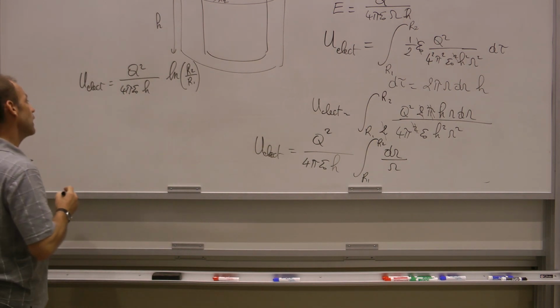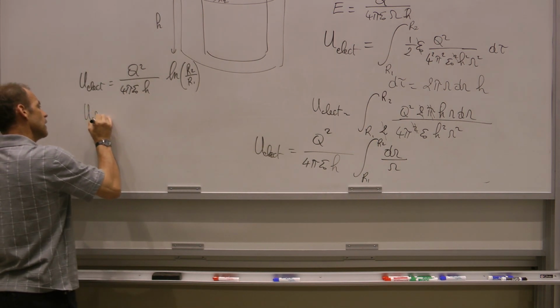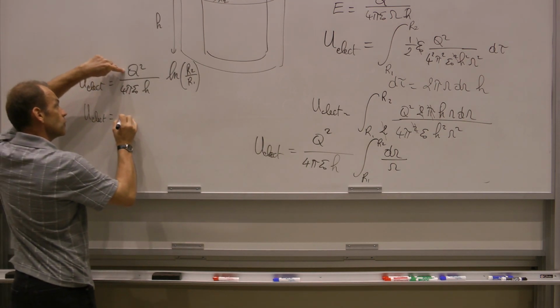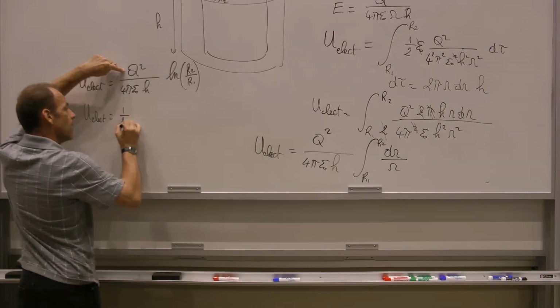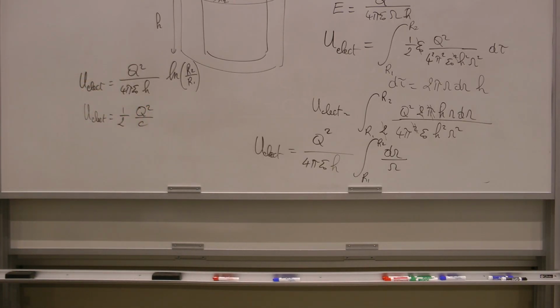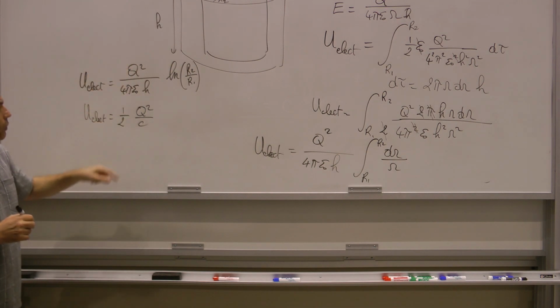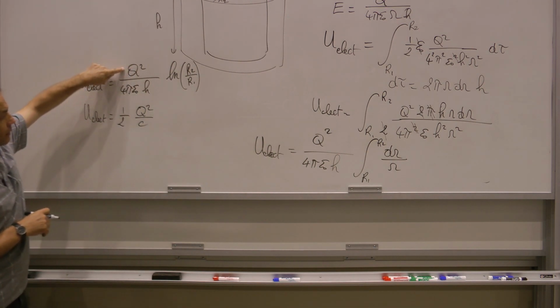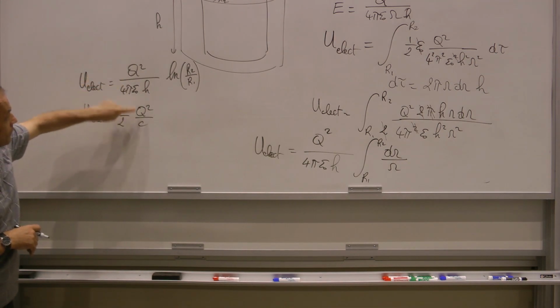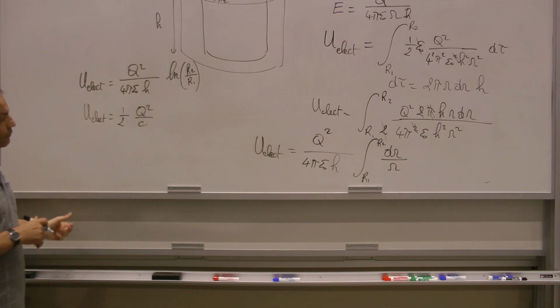And then we do an identification because we know that the U electric is equal to the expression as a function of Q, which is 1/2 of Q squared over C. And we identify term by term. So the Q squared is there. The C is going to be extracted out, and we get to take care of the 2.